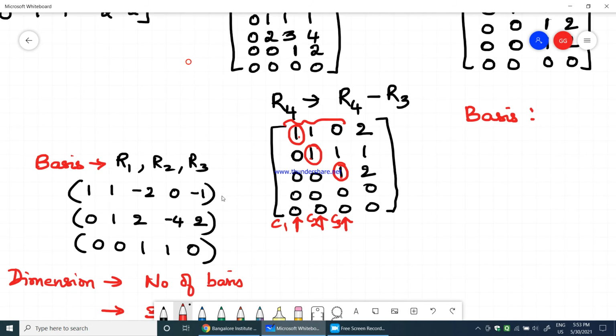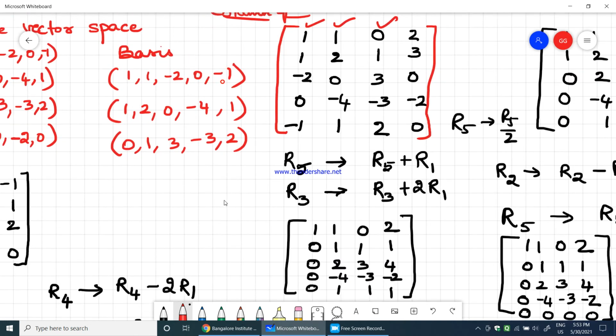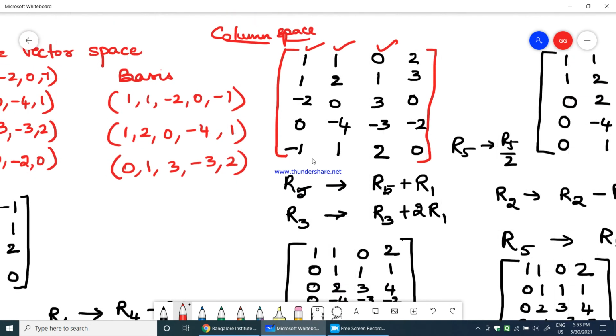Therefore, we go to the initial matrix, and those first 3 columns come into the basis of the column space. So even though you got 2 different bases here, one in the row space and another for the column space, that is fine, it's well and good.